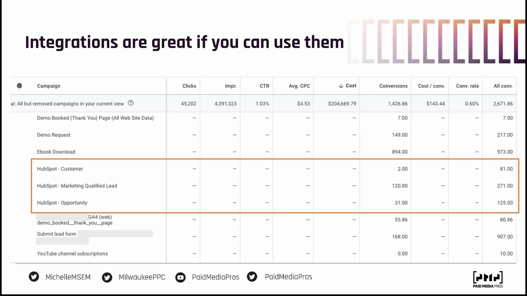You might be able to get that data into the interface, but in terms of using it for bidding, it doesn't really help out. So instead we import these as secondary conversions, which is why most of them show up in the all conversions column. And then we take those insights, manually incorporate them into our bid changes for individual keywords, budget adjustments at campaign levels, all that good stuff. But it can really help see good performance from these further down the funnel actions.